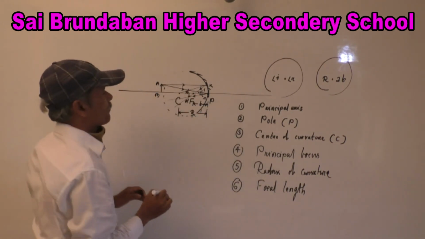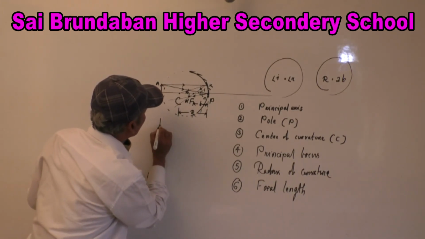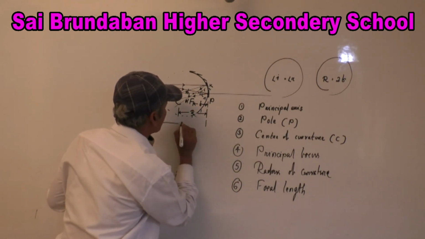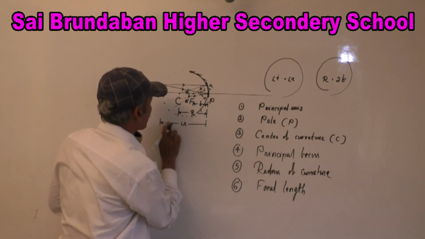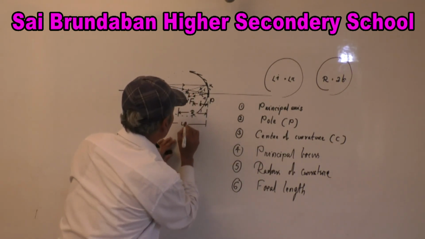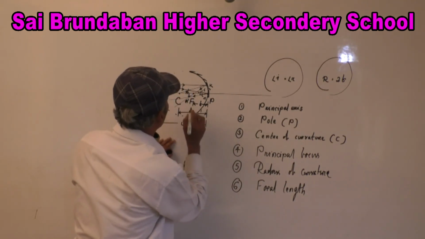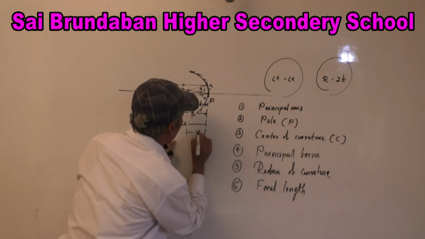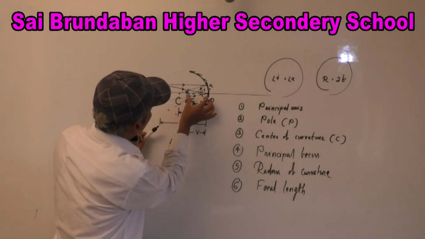Listen. This length is called object distance. It is represented as u. And this length is the image distance v.